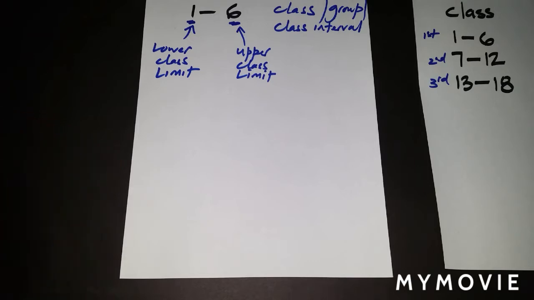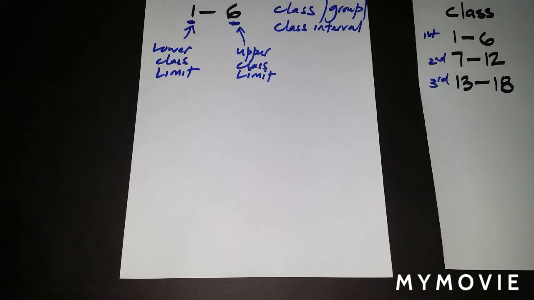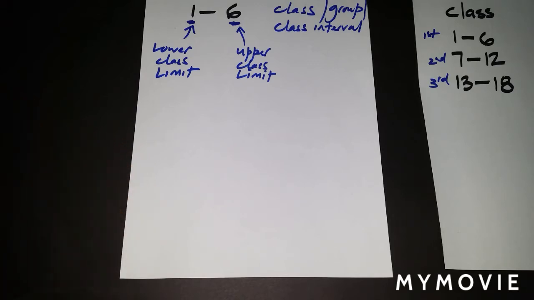Some things are going to be 1.02, some things 0.99, some things 4.15, whatever the units of height. So in order to track those actual real life values, class boundaries better reflect the capturing of the data.